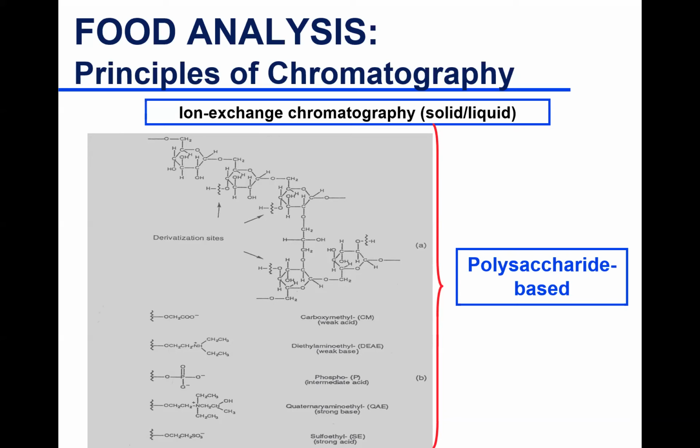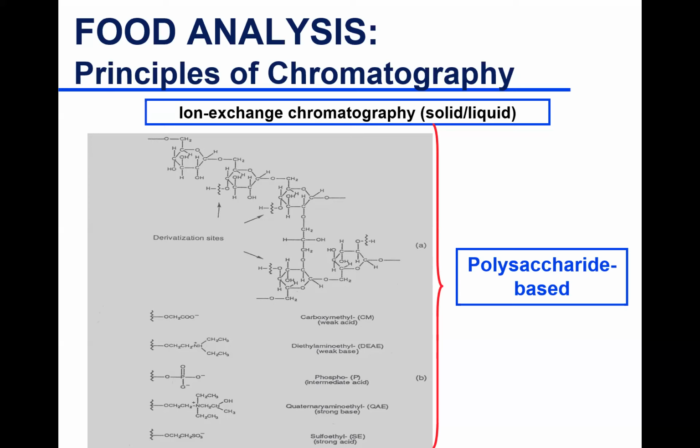What does that mean? It means that if we change the pH of the mobile phase, these functional groups will be impacted. So if I have a weak acid and I decrease the pH of my mobile phase, it's going to get protonated easily, and it will impact its interaction with the molecules, and the molecules that are positively charged are going to move out faster from my column.